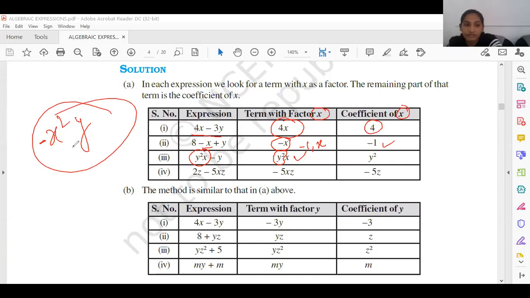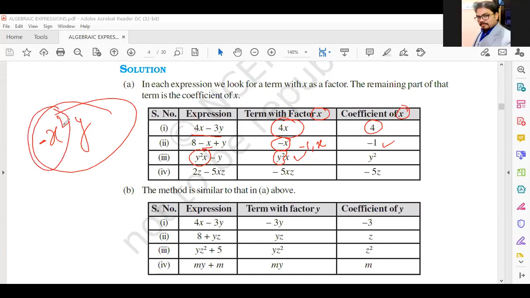Minus x square. Very good, minus x square, because the minus sign will be there. Suppose I want the numerical coefficient of this term. Minus 1. Very good.